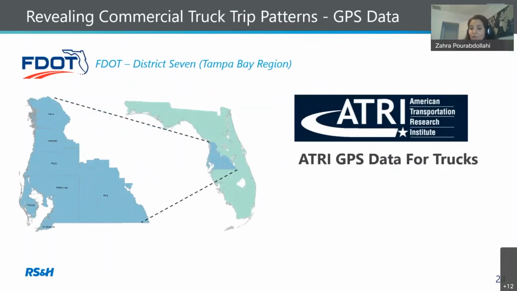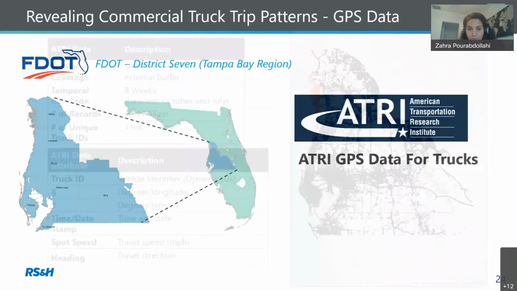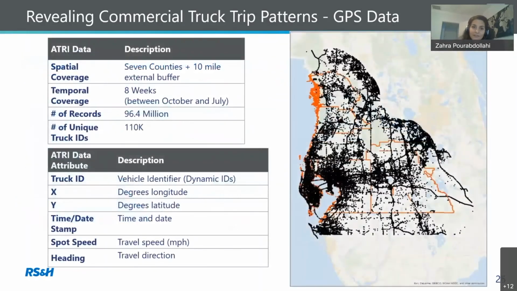For this purpose, we used the GPS data from ATRI, the American Transportation Research Institute. The ATRI data was obtained for 7 counties in the region and a 10-mile buffer around the region for 8 weeks from October 2016 to July 2017, 2 weeks in different months during that period.